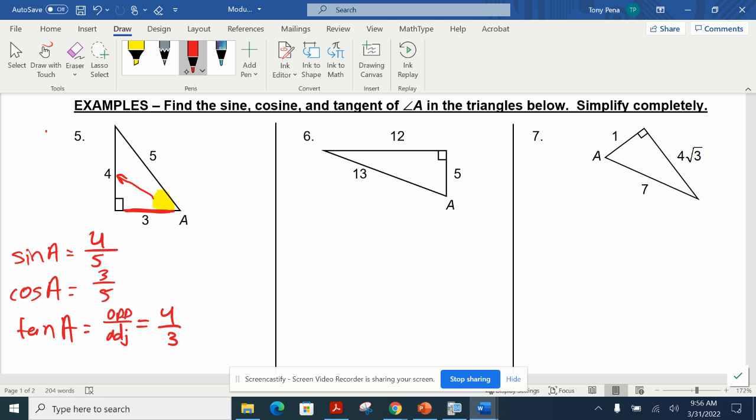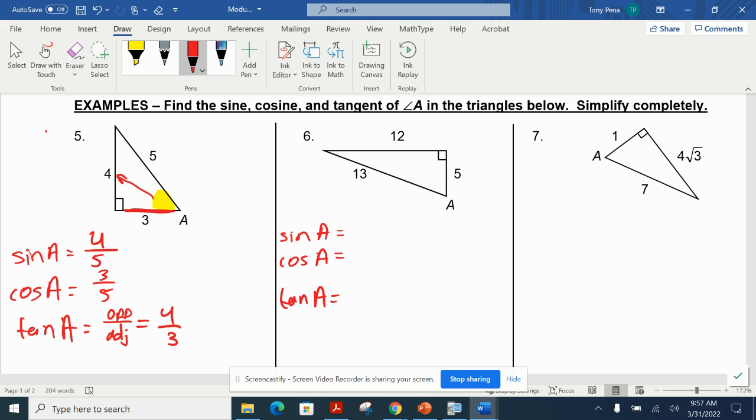Number 6. Do number 6. All right. 6. Again, sine, cosine, tangent.